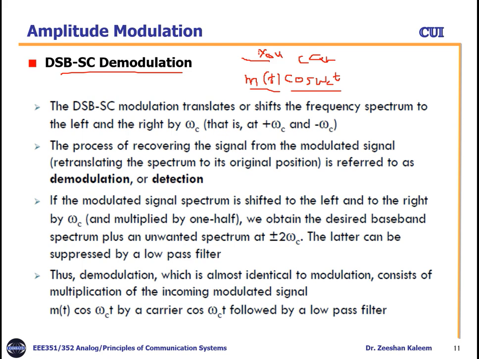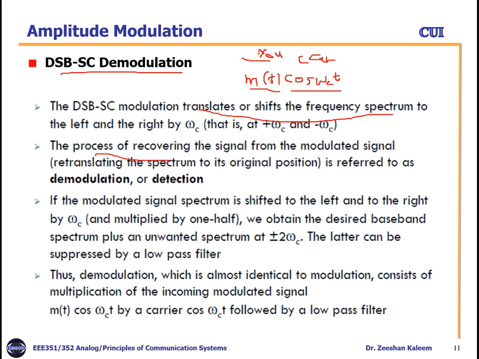The similar process is in communication. You need to get back the message signal which you transmitted using the carrier. So how would you get back this signal? This process is known as demodulation. In communication, double sideband suppressed carrier modulation translates or shifts the frequency spectrum to the left and right by omega_c, as we already discussed.